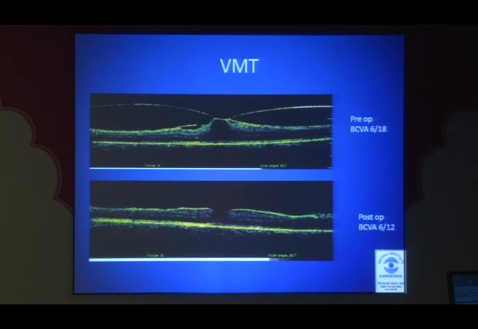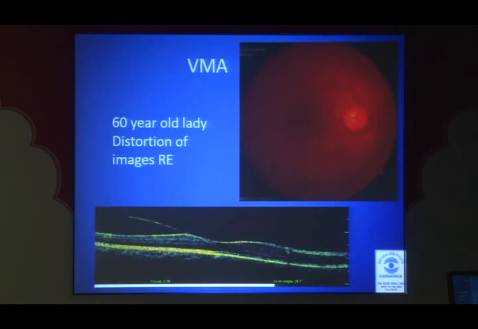Maybe if we had put our fundus contact lens in every eye that we see, we might be able to diagnose this clinically. But today we don't have the time, and with the OCT, I don't think we need to do that. So VMT is one condition which can have a blurred foveal reflex, and OCT is definitely diagnostic, and then of course you need to advise surgery in appropriate cases.